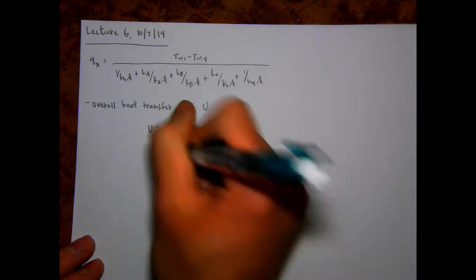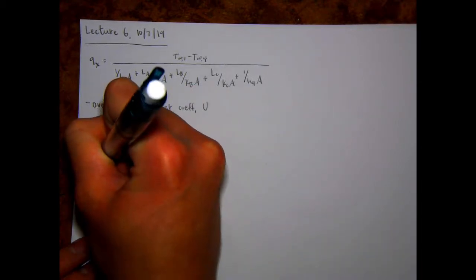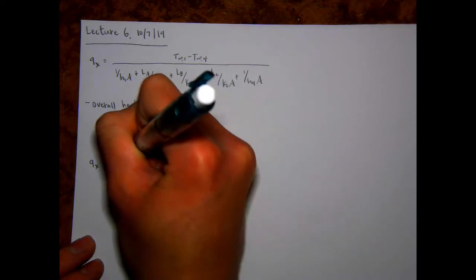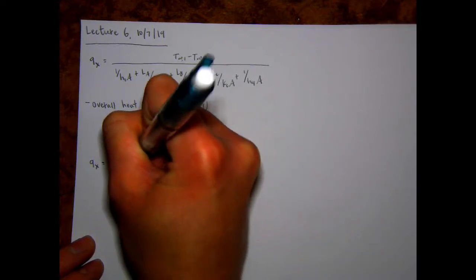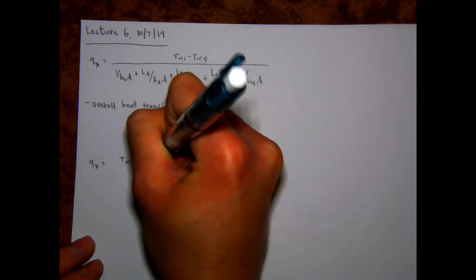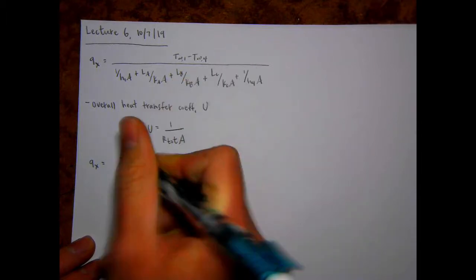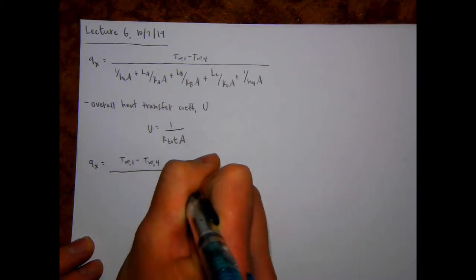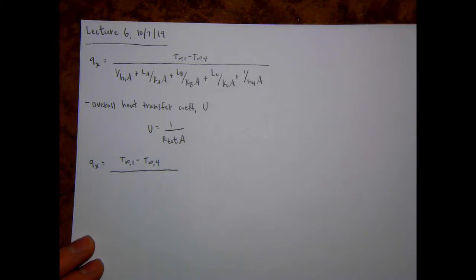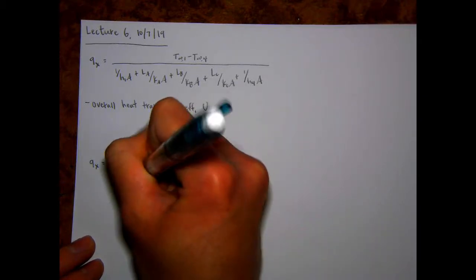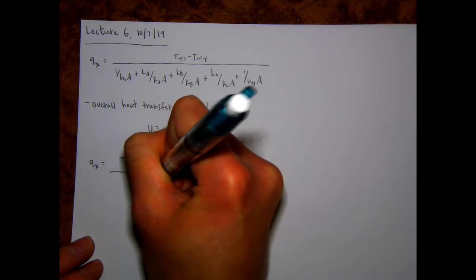So if we look back at the way our equation is defined, we have Qx is the temperature difference between the two fluid temperatures over the total thermal resistance.